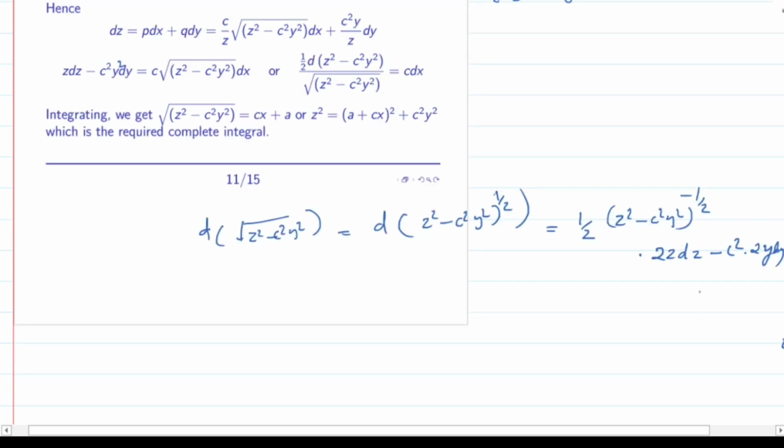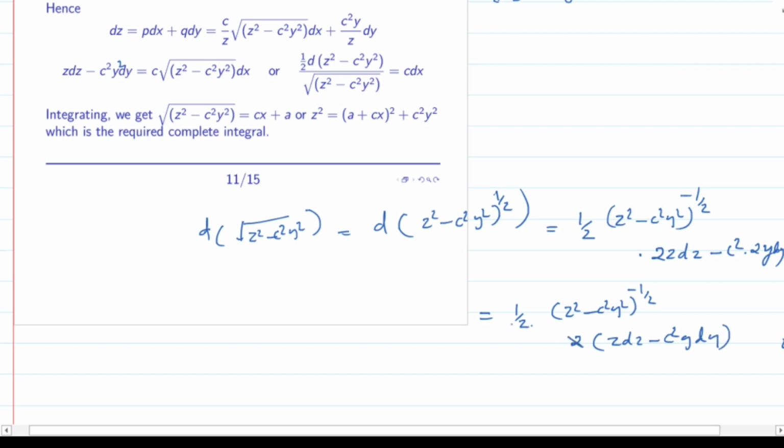So we can rewrite this as 1 by 2 into z square minus c square y square power minus 1 by 2 into 2 into z dz minus c square y dy.